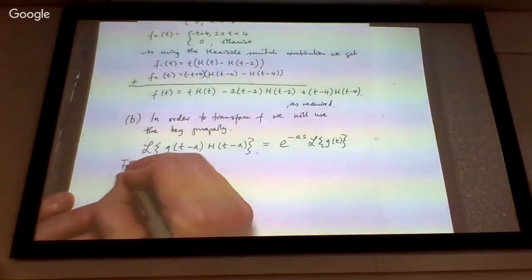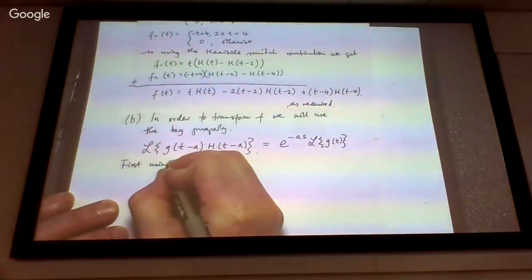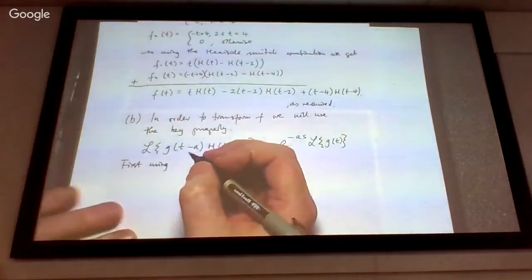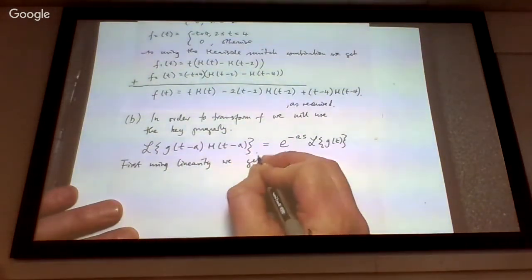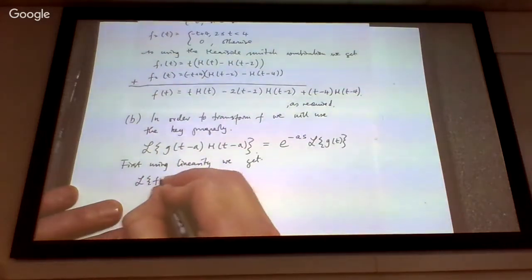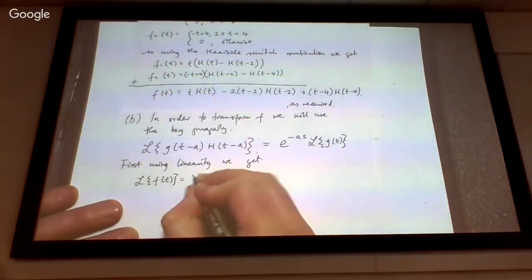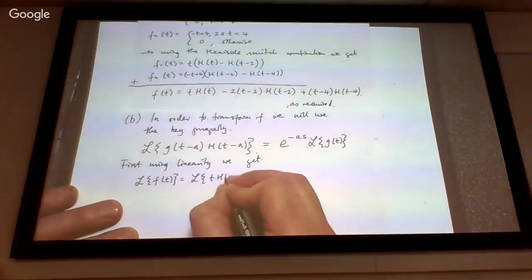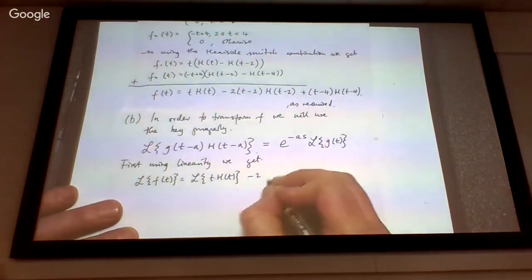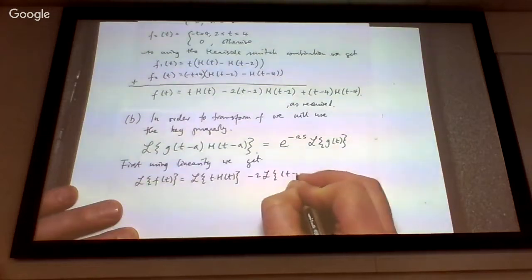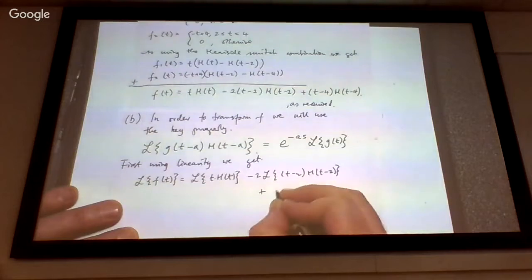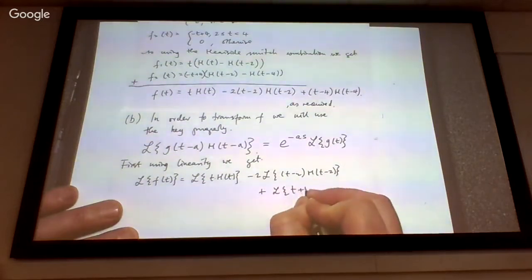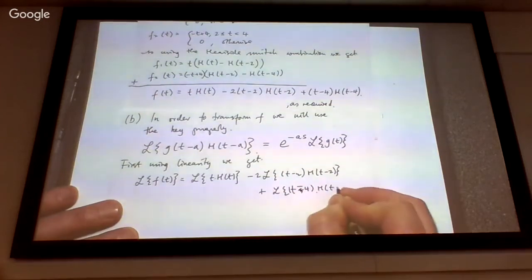So first using linearity, we get that the Laplace transform of f of t is the Laplace transform of t h of t, minus 2 times the Laplace transform of t minus 2, h of t minus 2, and then finally the Laplace transform of t minus 4, h of t minus 4.